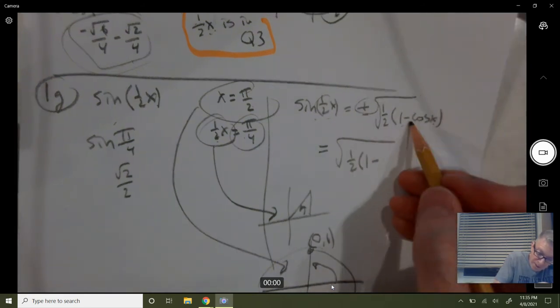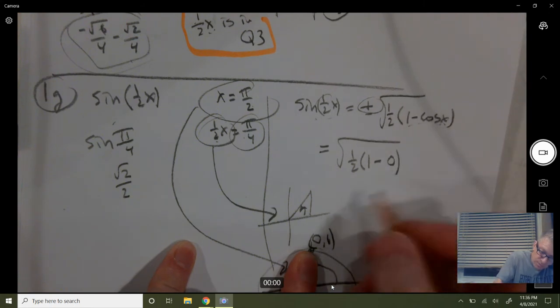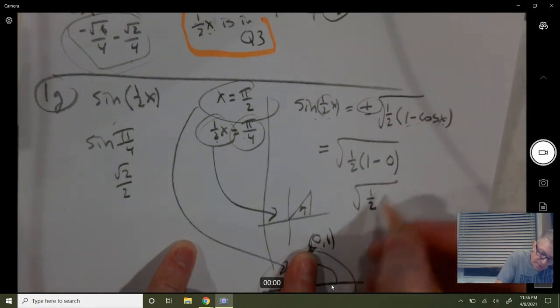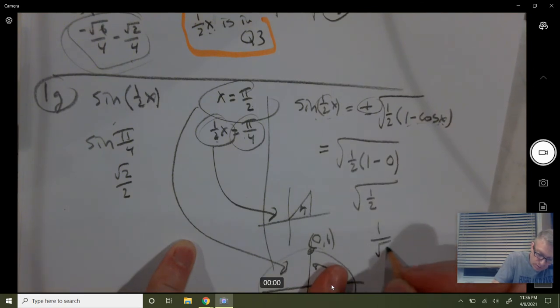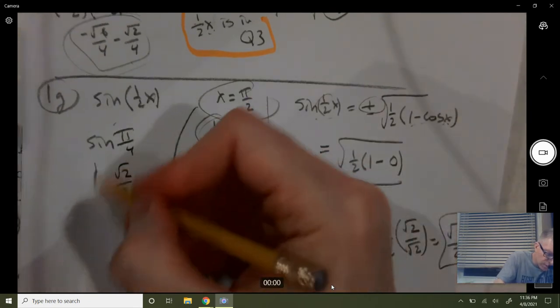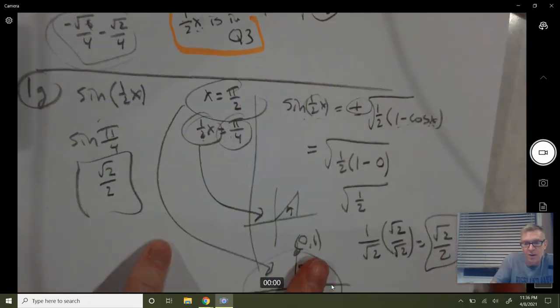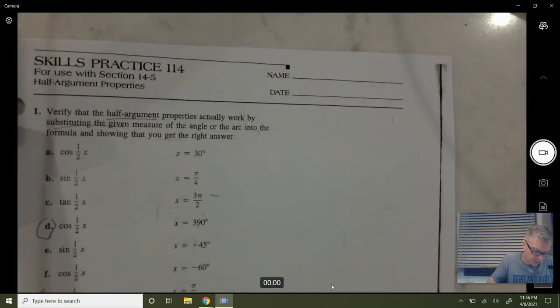We want 1 minus the cosine of x. Cosine of x is 0. So we get square root of 1/2 times 1, which is 1 over the square root of 2, which is rad 2 over 2. So that one was a lot easier to show that you get the same thing. Okay, let's go on to the next one, just a couple more.